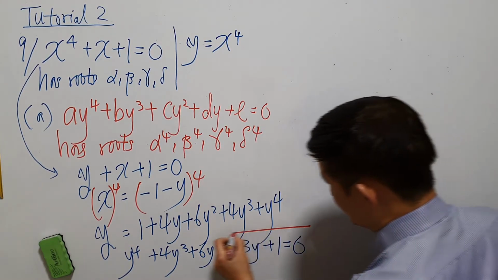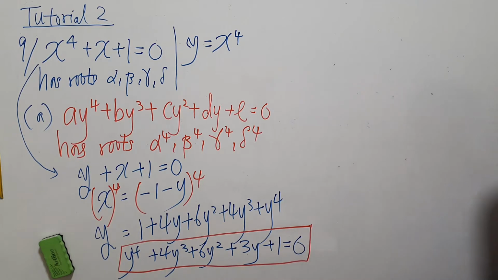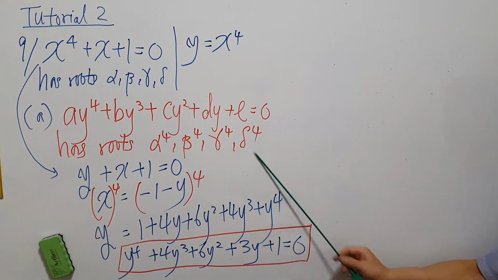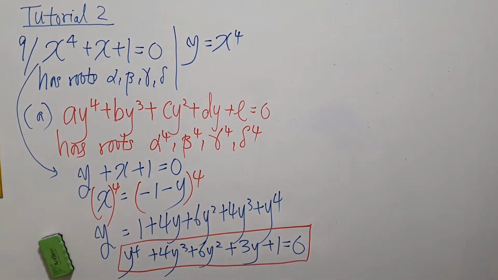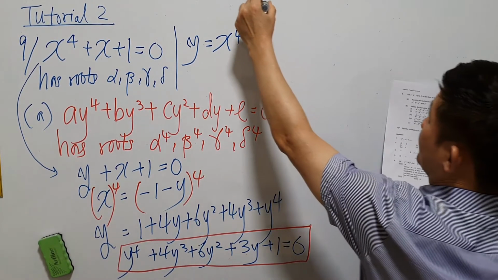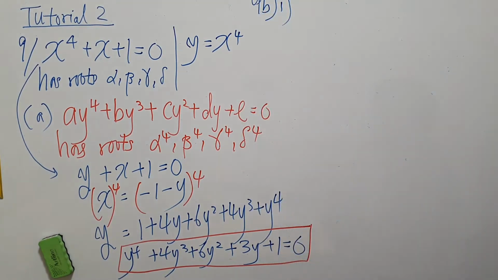This equation that you have obtained, bear in mind, this new equation has roots 1, 2, 3, 4. Okay? So, with this equation, now I can do 9b part 1.